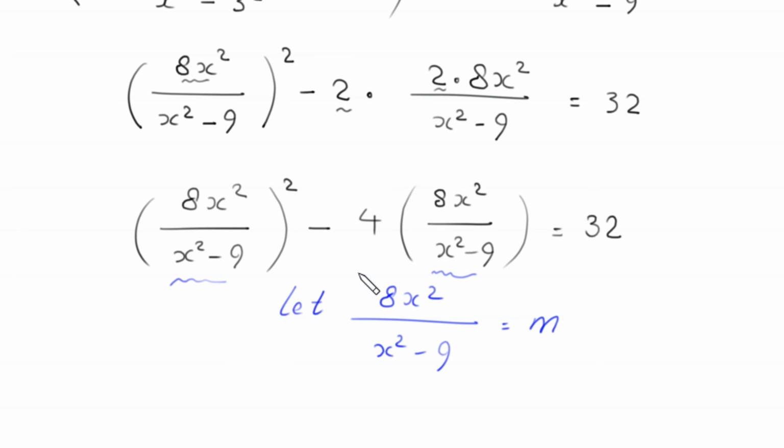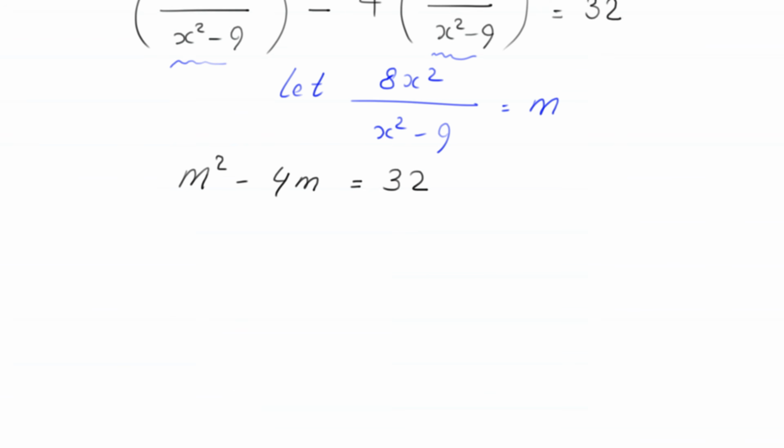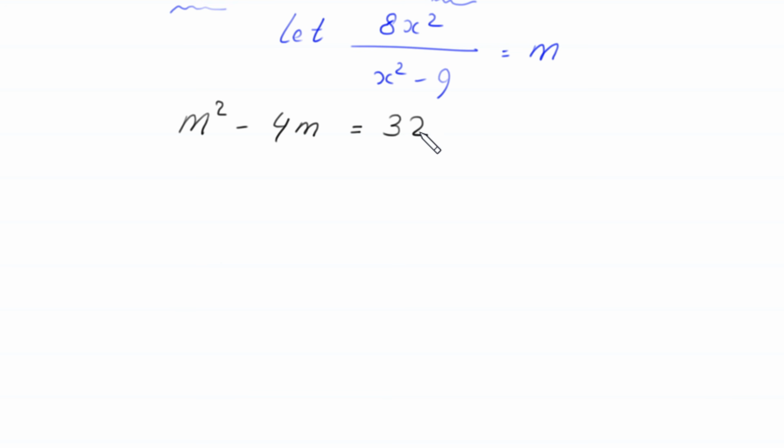So this equation will become m squared minus 4 times m is equal to 32. Now we move this 32 to the left hand side, then this equation will become m squared minus 4m minus 32 is equal to 0.